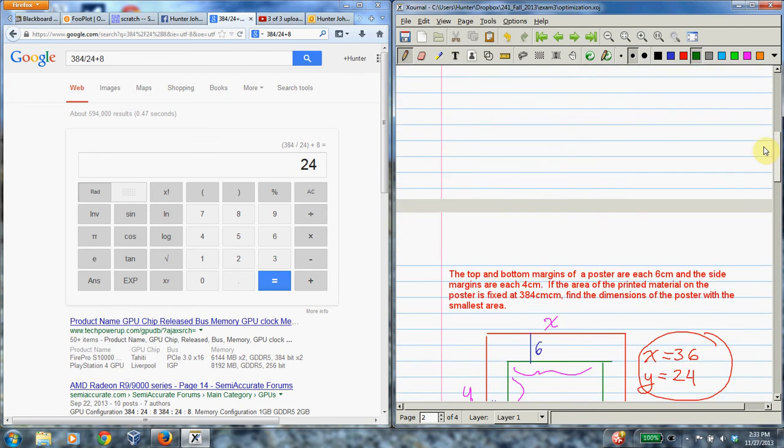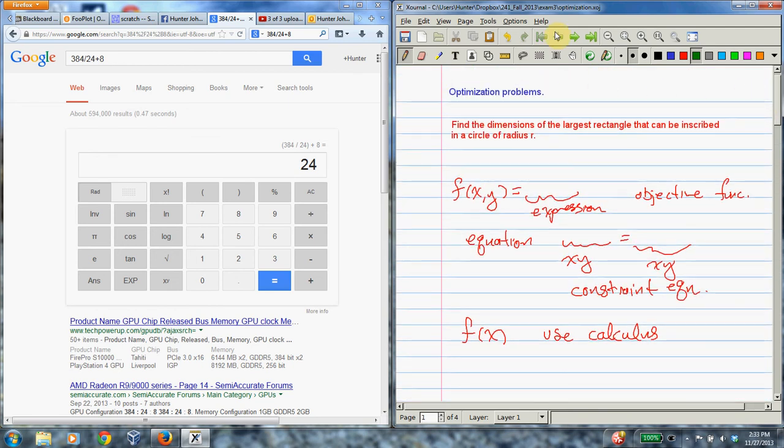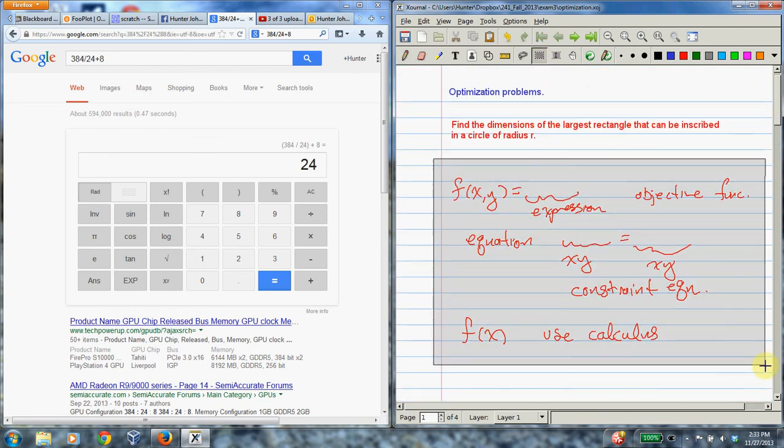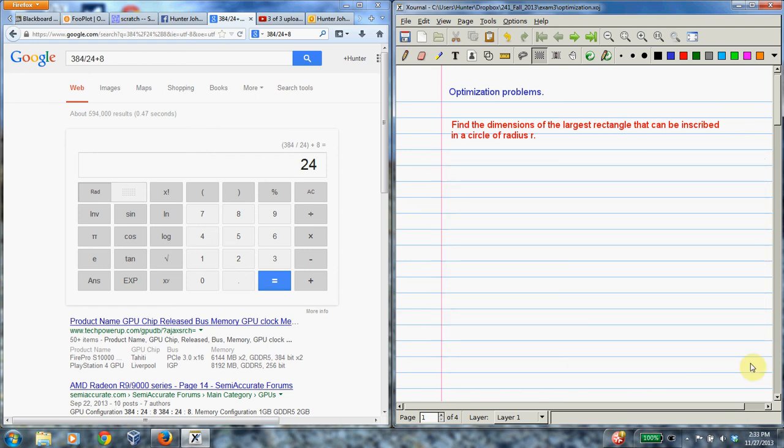And let's go all the way back up to the top and do this one that kind of scared us at first. Find the dimensions of the largest rectangle that can be inscribed in a circle of radius r. Okay, so let's draw a circle. Help me, computer. If you get it close, it'll actually recognize it as a circle.